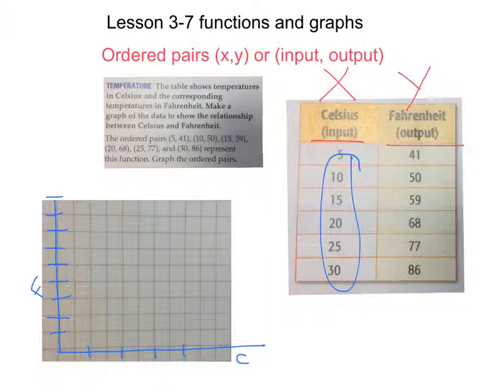So now you just continue through and you graph your points. My first point is (5, 41). So we have the 5, and then we count up 10, 20, 30, 40. It'd be about right here. (10, 50), (15, 59), (20, 68), (25, 77), and (30, 86).